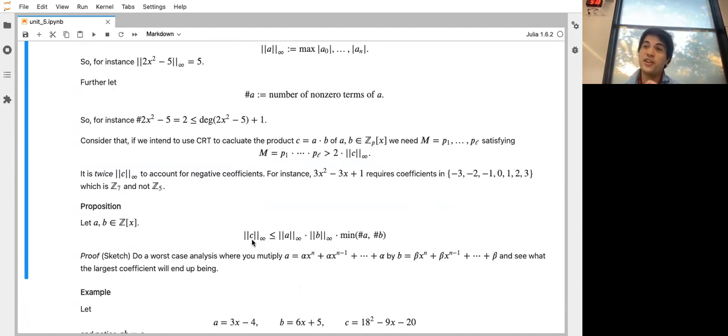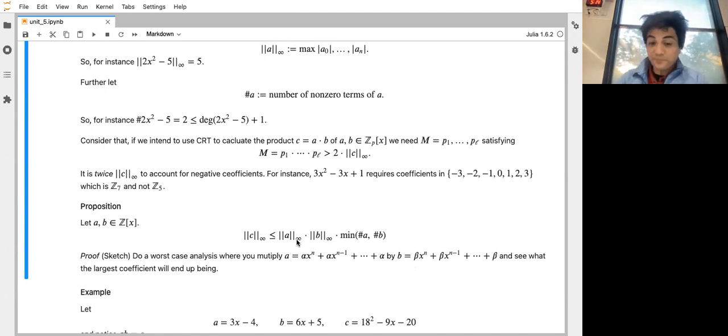The largest coefficient you're going to be able to find in C is bounded from above by the largest coefficient you're going to find in A times the largest coefficient you're going to find in B times the minimum number of non-zero terms among A and B. You just have to do a worst-case analysis where you multiply this A by this B, and then ask yourself, what is the largest coefficient that ends up in that product? And it just turns out to be this.